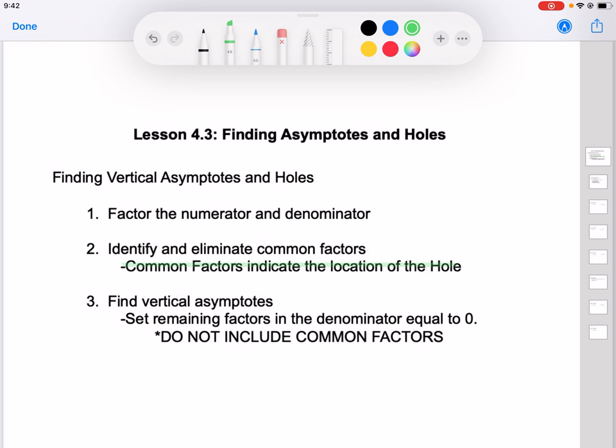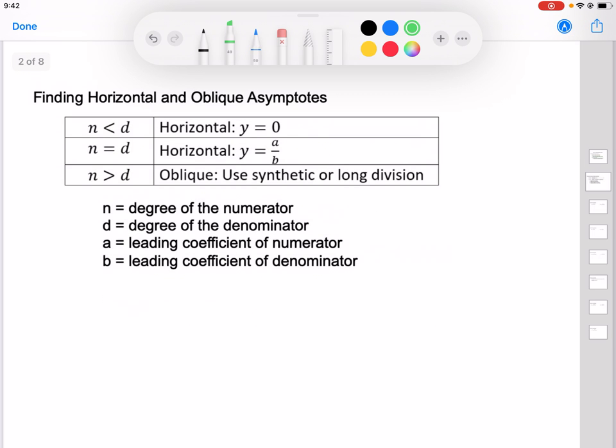Now, there's a fancy chart they often show for finding horizontal or oblique asymptotes, where it's either y equals 0, y equals a over b, or an oblique. Literally all you're doing is division. You're using long or synthetic division to figure out the horizontal or oblique asymptote.